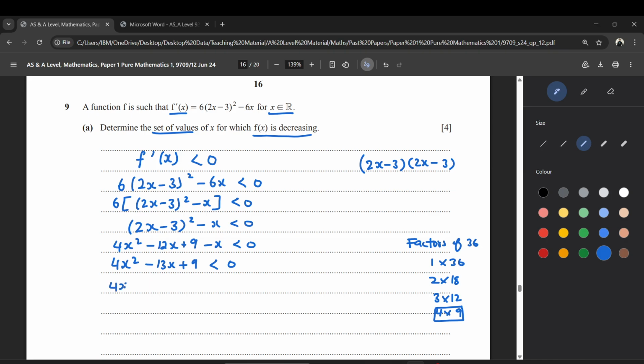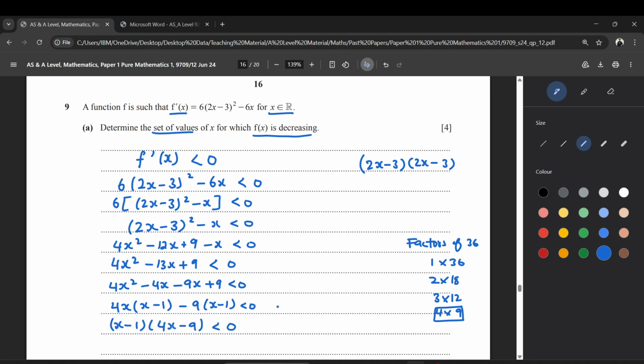So this would be 4x square minus 4x minus 9x plus 9 is less than 0. You take 4x common, so we have x minus 1. Here we can take minus 9 common, so I'll have x minus 1 again. Then we have x minus 1 common, and what's left is 4x minus 9 less than 0.